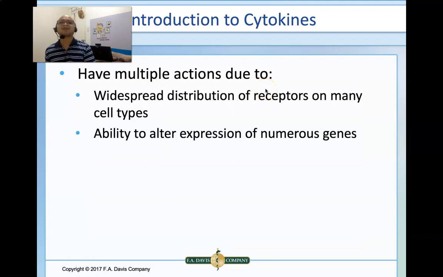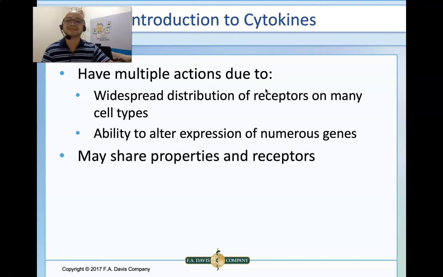Cytokines have also multiple actions, for the very reason that there is a widespread distribution of receptors on many cell types. Another thing is that they have the ability to alter expression of numerous genes.